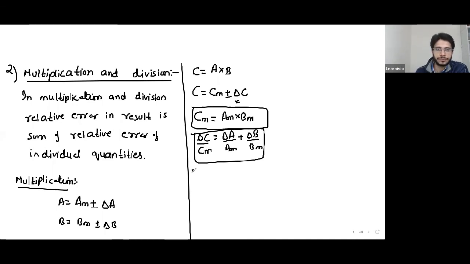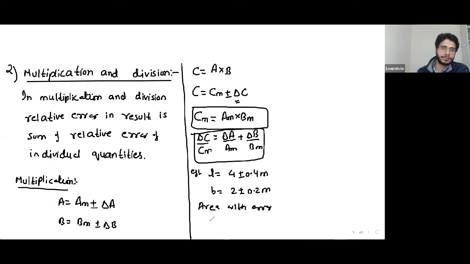For example, if I give you length is 4 plus minus 0.4 meter, breadth is 2 plus minus 0.2 meter, and I ask you to calculate area with error limit. See, in this example, area is the product of length and breadth.